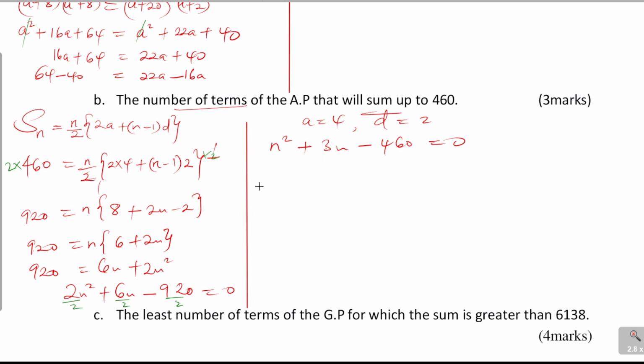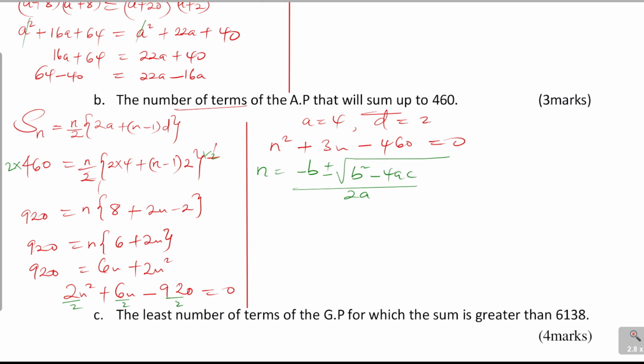So from here now, you can solve this quadratic equation using any suitable method. You can use factorization or the quadratic formula, whichever works for you. I will use the quadratic formula. So n will be given by negative b plus or minus the square root of b squared minus 4ac, divided by 2a.